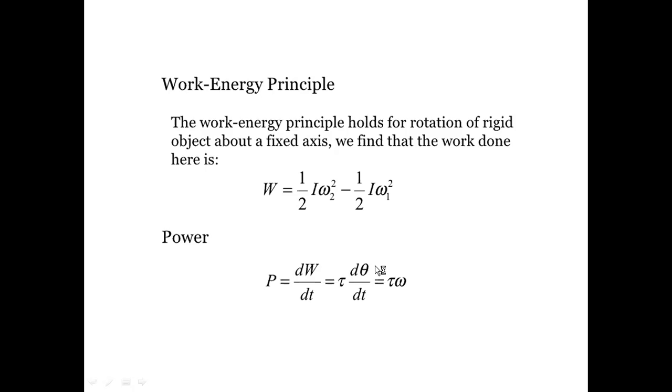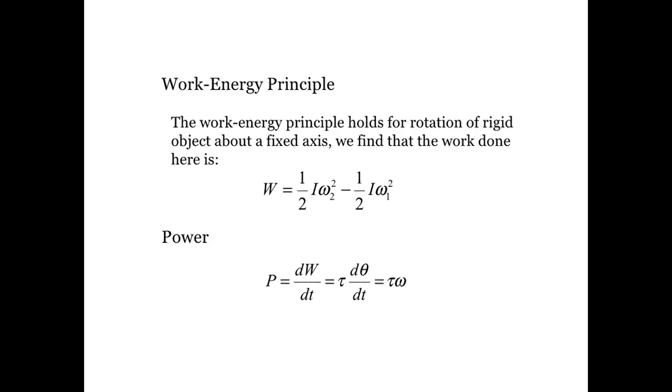So tau into d theta by dt, where the rate of change of angle is nothing but angular velocity. So tau into angular velocity is the power of a rotating body. So this is all about the kinetic energy of a rotating body and rolling motion and its energy.